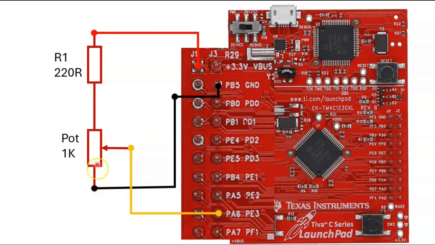And the other end of the potentiometer, following this black connection, is connected to the ground pin of the TM4C123G LaunchPad board. Now the potentiometer allows adjustment of the input voltage, which is fed to the ADC pin of the microcontroller.